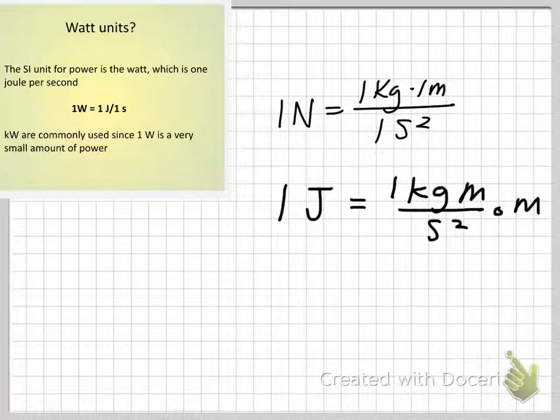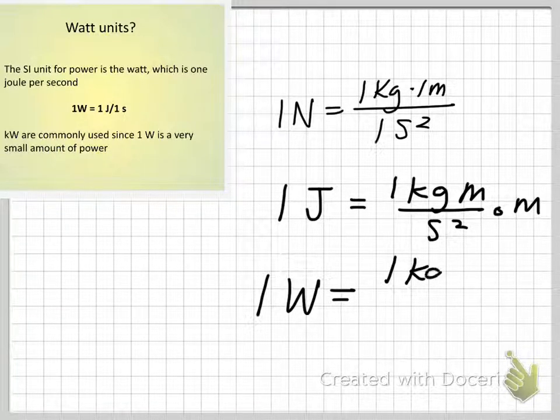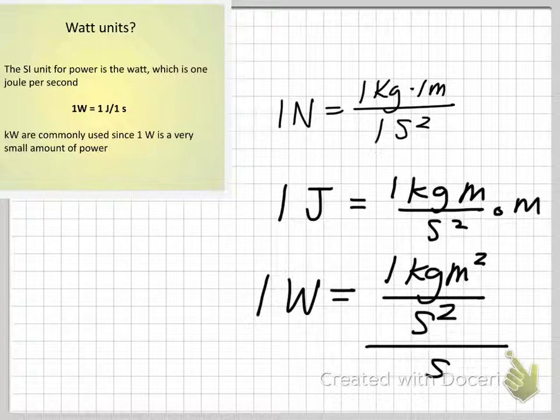Well, we're saying that 1 watt is 1 kilogram meter squared per second squared per second. So we're doing the amount of work needed to take that 1 kilogram mass, accelerate it at 1 meter per second squared for 1 meter, and we're doing that in a second. It's not really a whole lot of output.